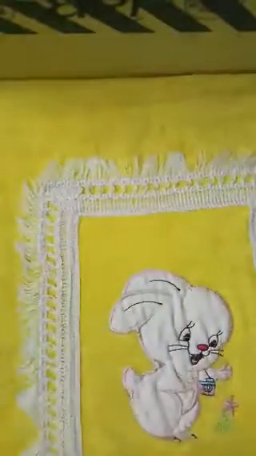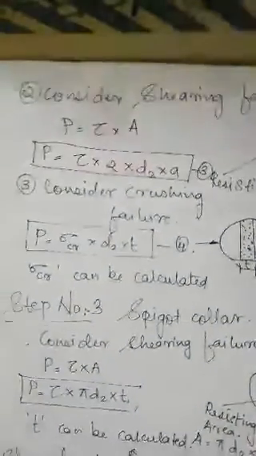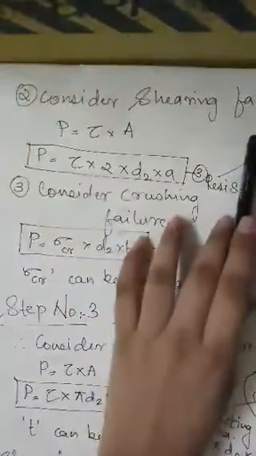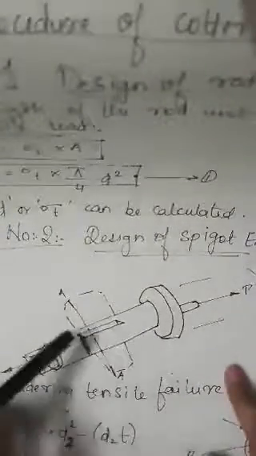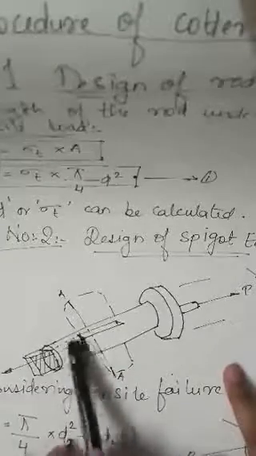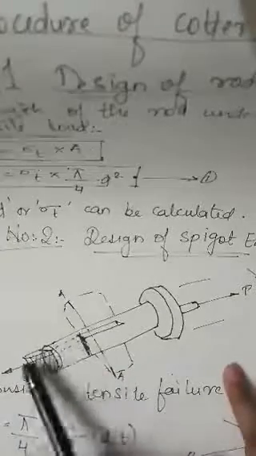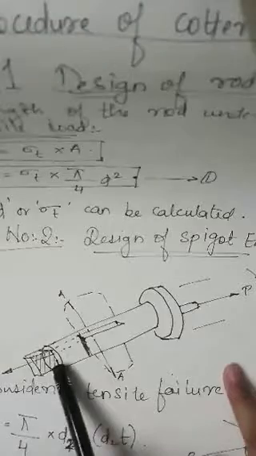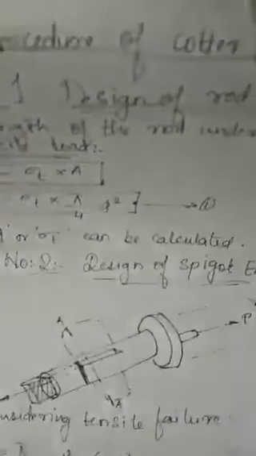For step number 2, point number 2, we will consider shearing failure. For shearing failure we have considered, because this cotter inserted in this hole will try to force this much portion away out of its body, due to which shearing will occur.